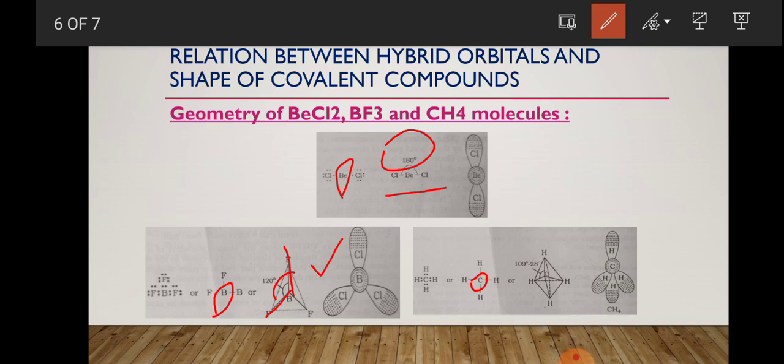Here sp3 hybridization occurs at the carbon atom, then the bond angle becomes 109.5 degrees. This is the tetrahedral structure of methane. So from the above discussion, it is clear that the shape, geometry, or structure is fully dependent on the nature of the hybrid orbitals.